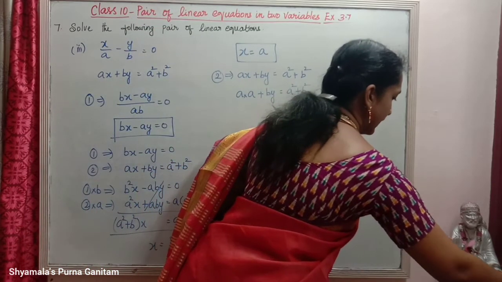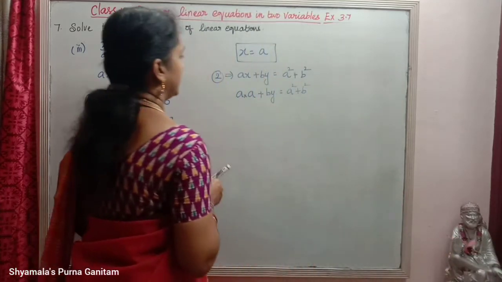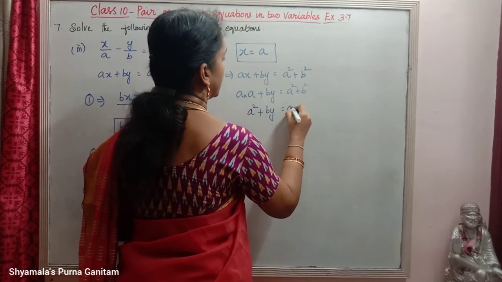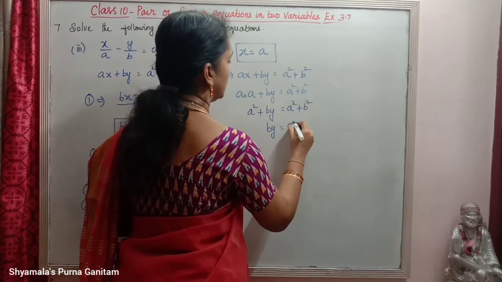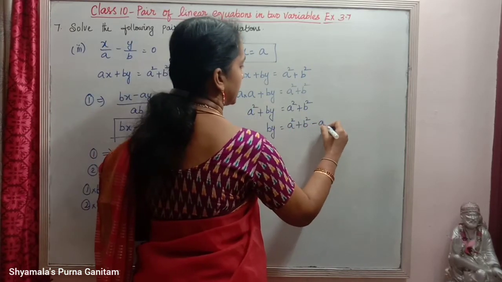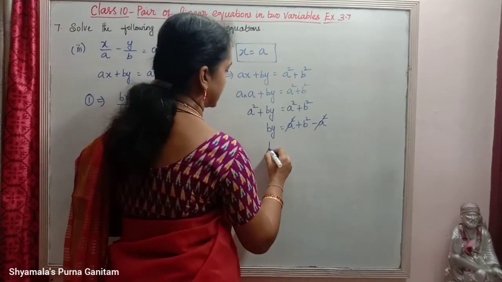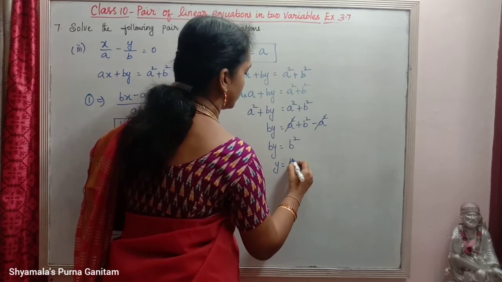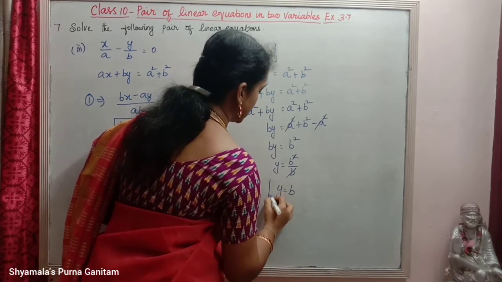So then again if I simplify this, a squared plus by is equal to a squared plus b squared. by is equal to a squared plus b squared, this plus a squared will become minus a squared. So plus a squared minus a squared will get cancelled. by is equal to b squared. So y is equal to b squared by b. b gets cancelled. y value is equal to b.